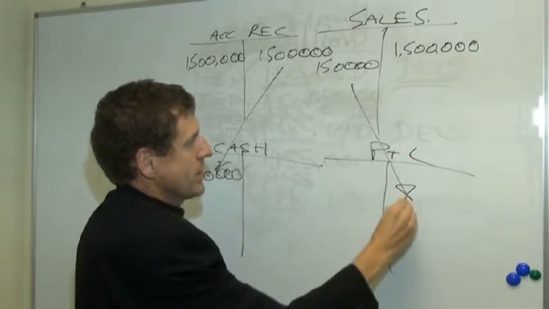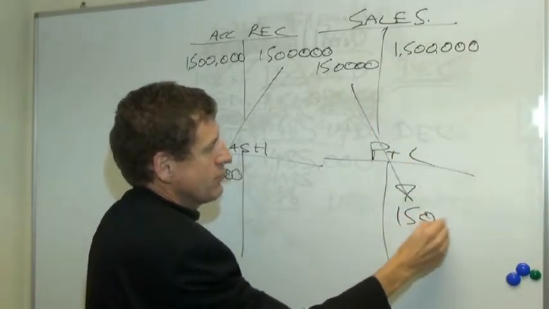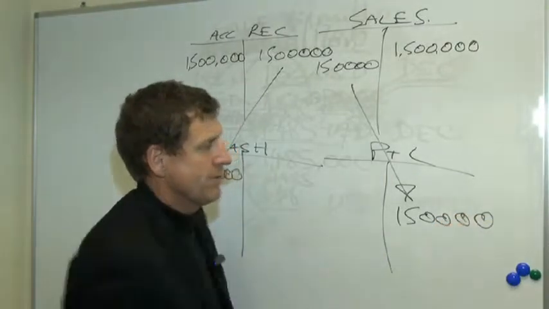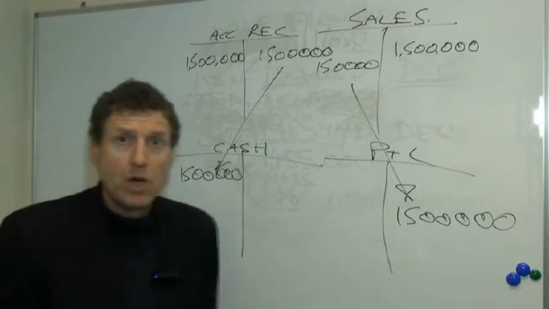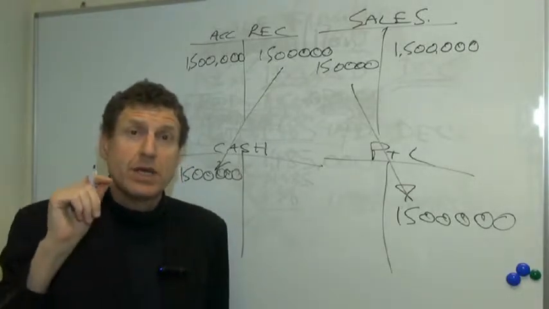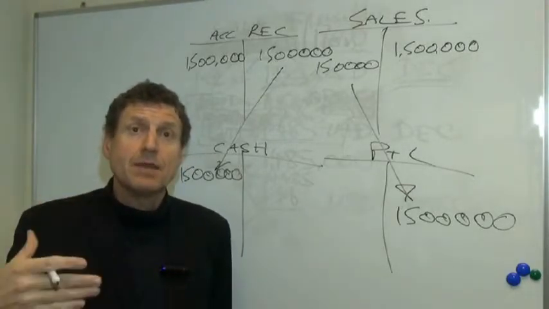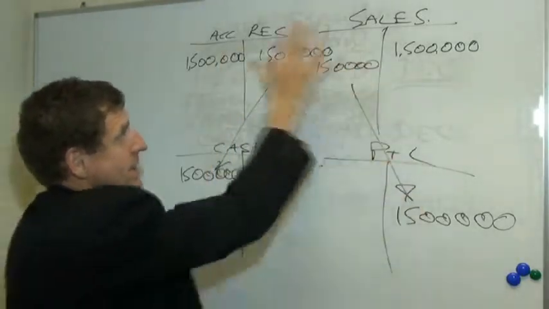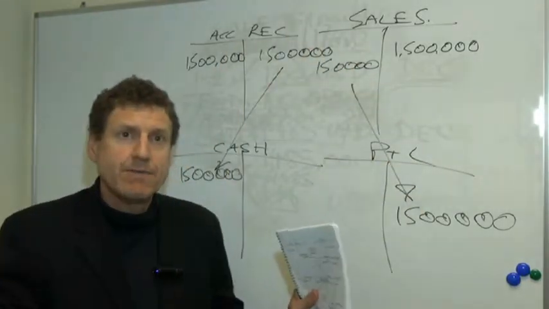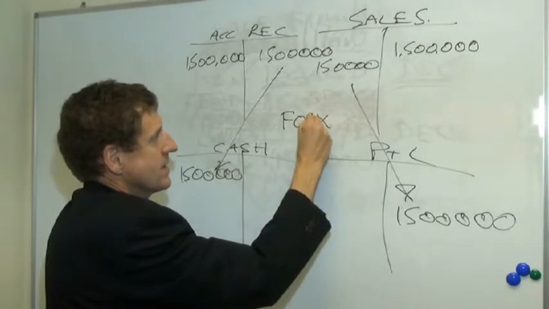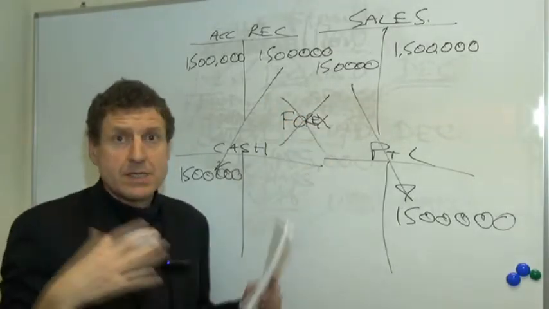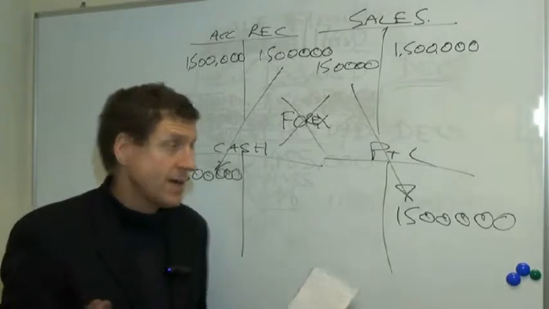So we're closing off, and we've got revenue in the profit and loss of 1.5, and we've got 1.5 million US dollars more in the bank. So this is your basic calculation without any Forex. In terms of Forex accounting, there's no Forex accounting to worry about.